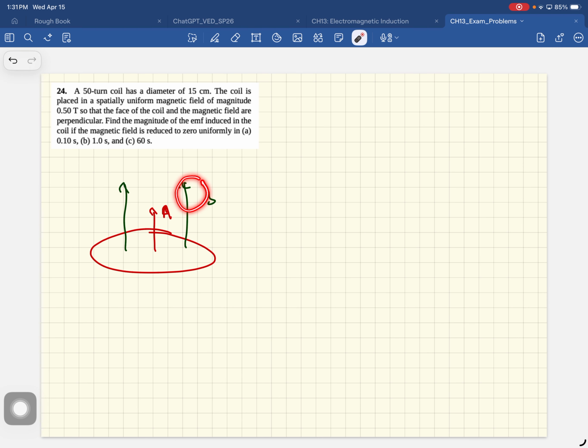If you reduce the same field in 1 second, the voltage induced would be 0.4 volts. In 100 seconds, it would be even less; you just keep increasing the time.